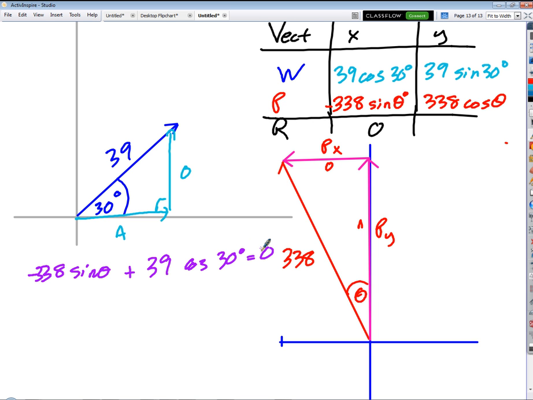All I have to do is push this to the other side. Everybody agree? So I end up with 39 cosine 30 equals 338 sine theta.